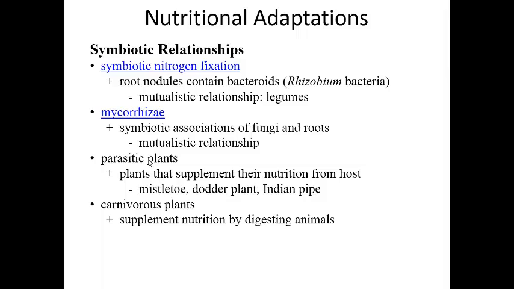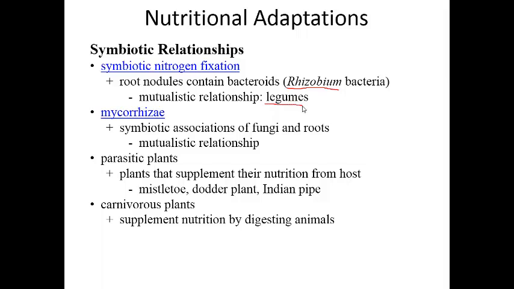These nitrates are created by nitrogen-fixing bacteria that live in the soil. Some plants naturally have these bacteria growing on their roots. The name of the bacteria is rhizobium, and the name of the plant that has the rhizobium growing on its roots are legumes. These are plants like peanuts.